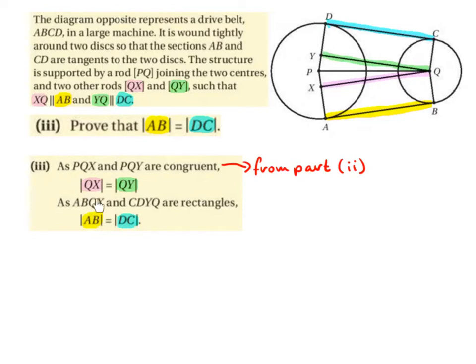As ABQX and CDYQ are both rectangles, AB must also be equal to DC. So AB is equal to DC. And that's what we were asked to prove.